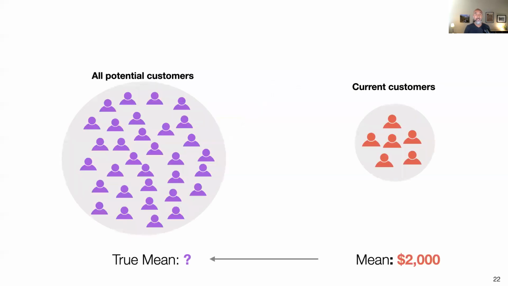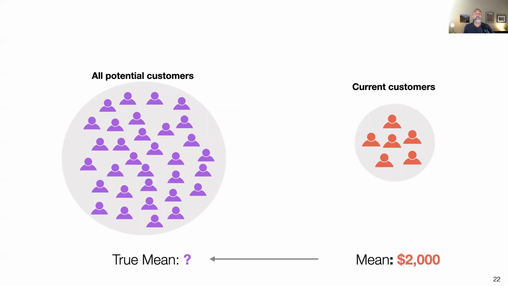And so what is a true average, or mean? Mean and average are basically the same thing. On the left-hand side, all potential customers. On the right-hand side, there are 5, this is actually 6 now, 6 customers, maybe in Japan or wherever. So the right-hand side is the current customers, the data we have in our hands.